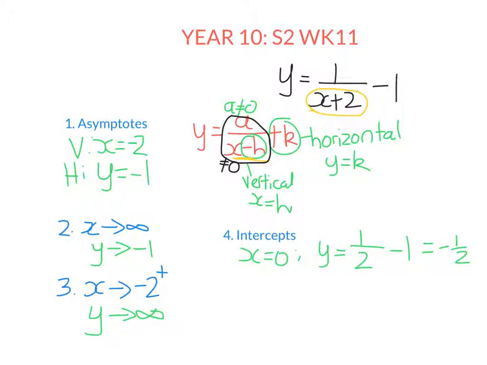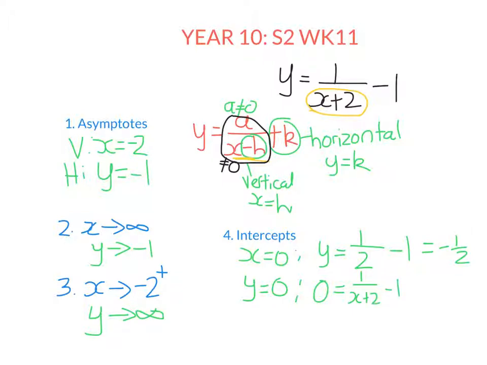Now we're going to find the x-intercept by letting y equal 0. The only value y can't equal is minus 1. So then I take my equation and I just substitute y for 0, I get 0 equals 1 over x plus 2 minus 1. All I need to do is solve that.